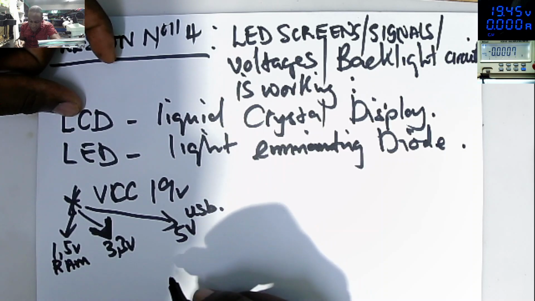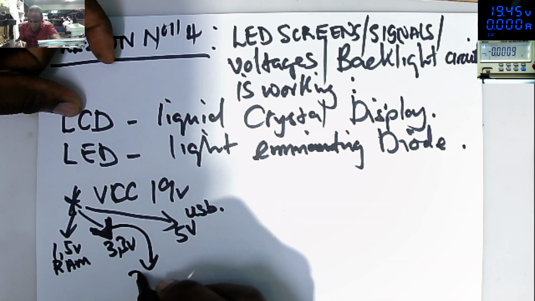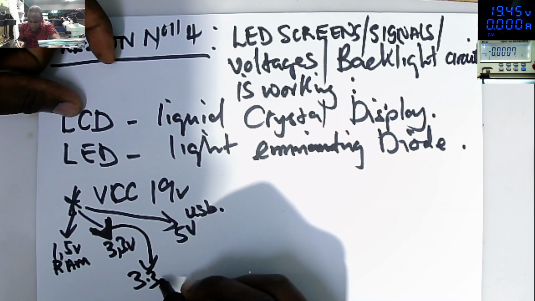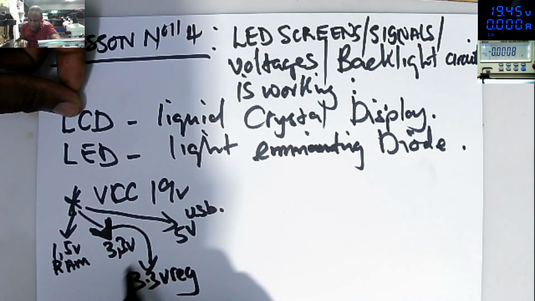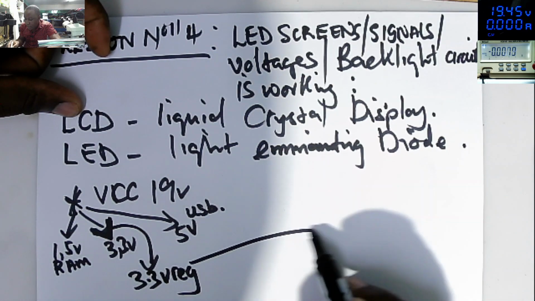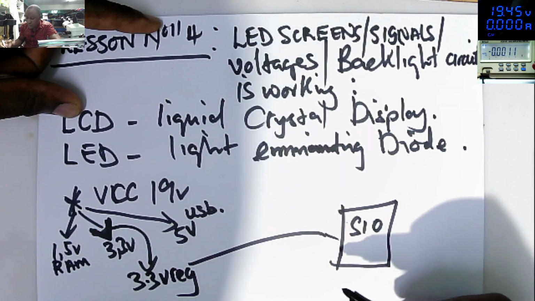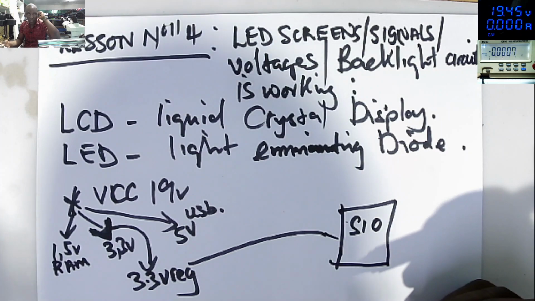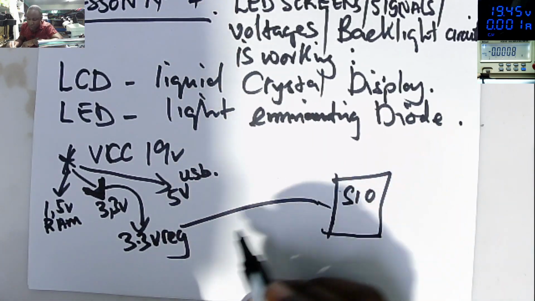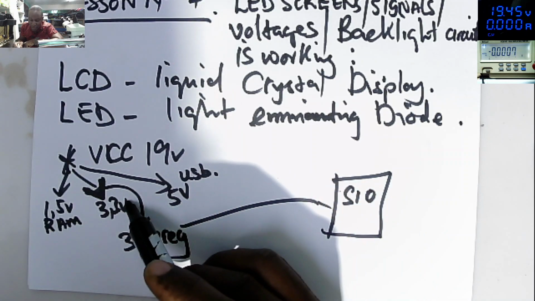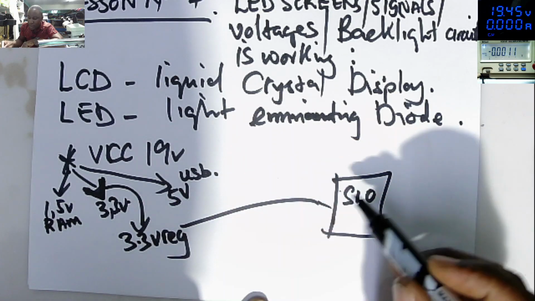From the VREG 3, the 3.3 volt voltage regulator, our microcontroller, SIO chip, is getting power. Okay, our microcontroller is getting power not from the main 3.3 but from the VREG 3, and it is always on.